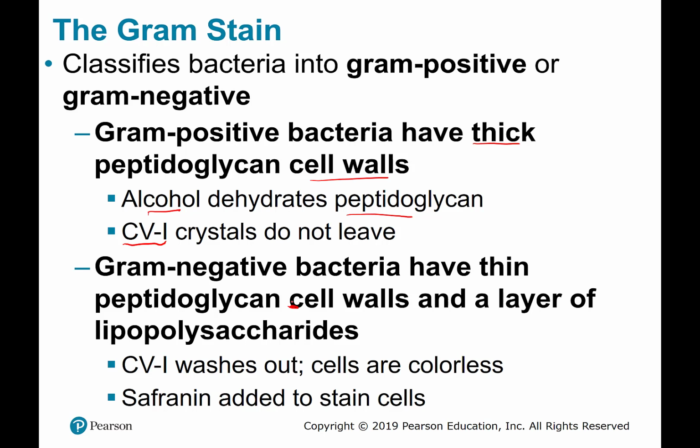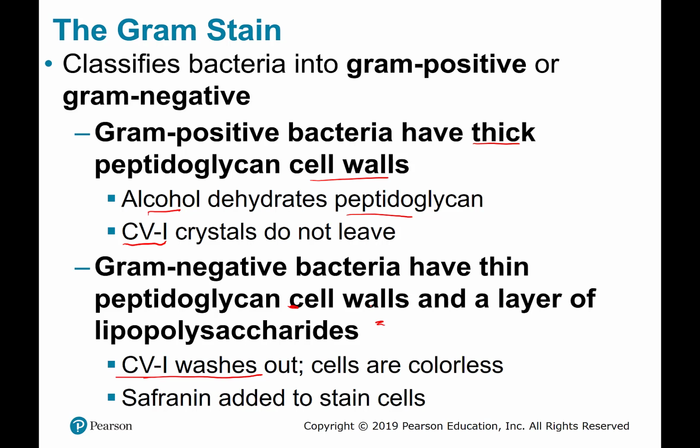And so the crystal violet iodine washes out because the alcohol essentially dissolves that outer layer of lipopolysaccharides. So it's a lipid, and so it gets dissolved. And when you dissolve that lipid layer, that crystal violet iodine complex can leak out.